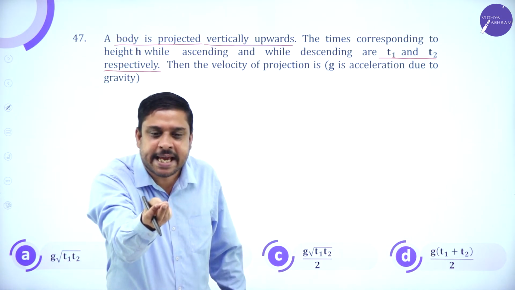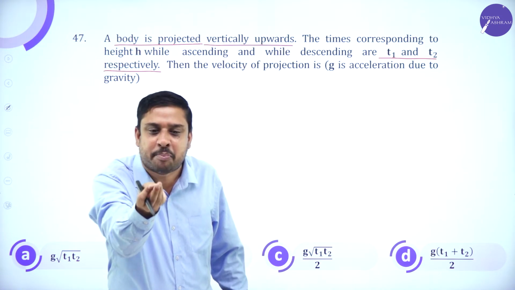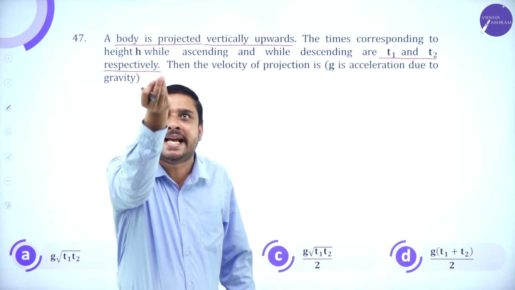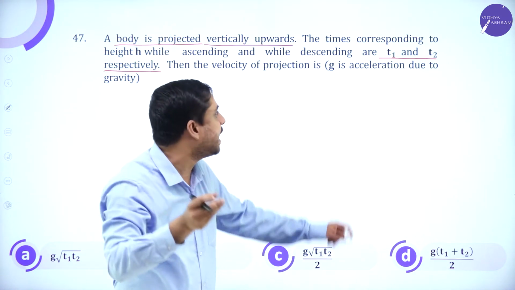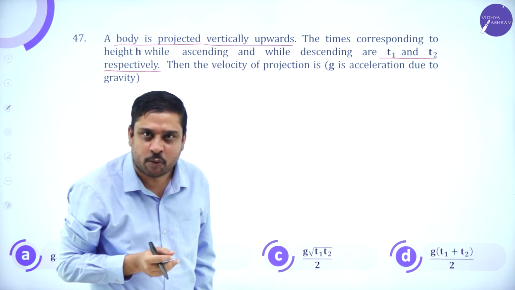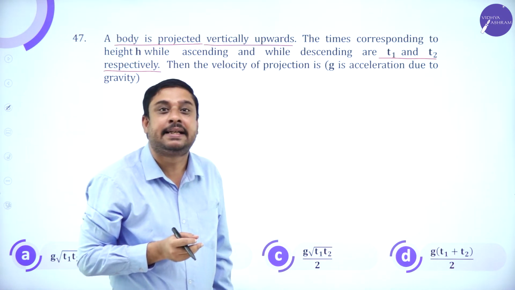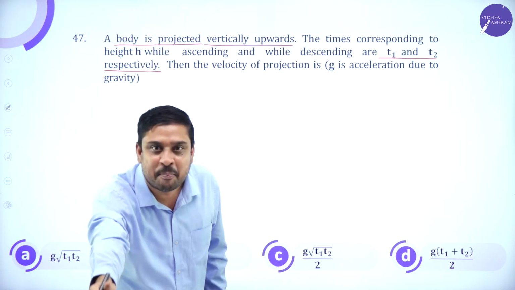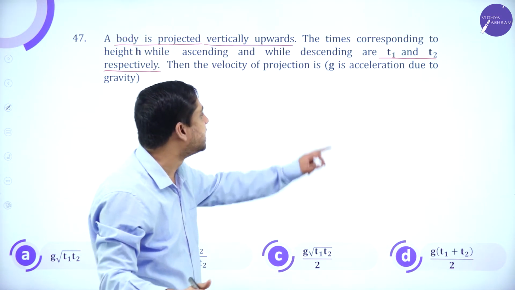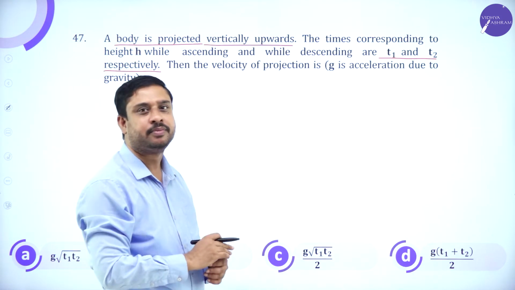Time taken by the body to reach the maximum height, time of ascent is T1, and the time taken by the body to come back, time of descent is T2.